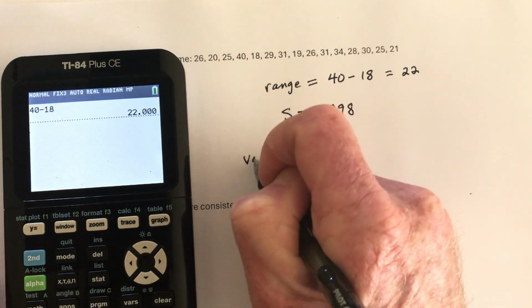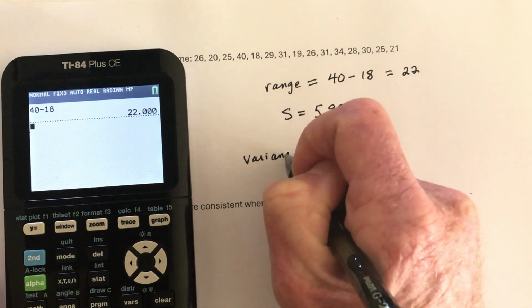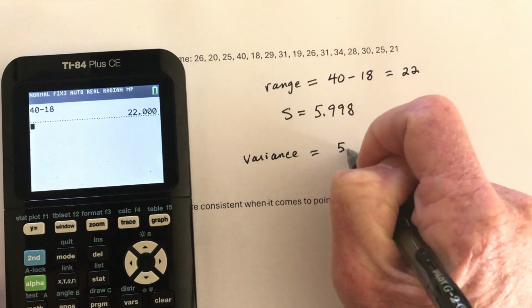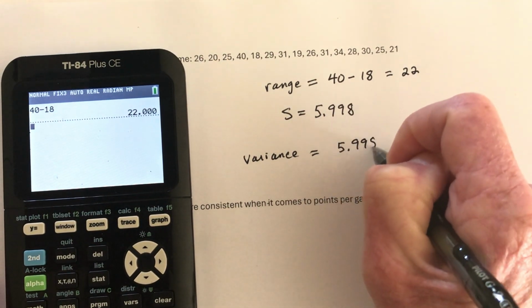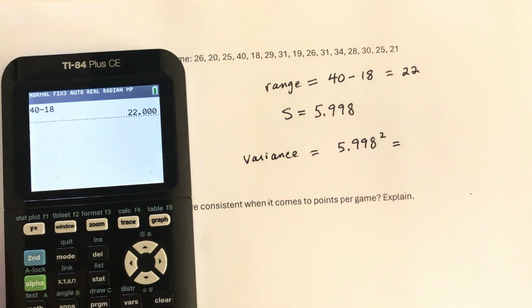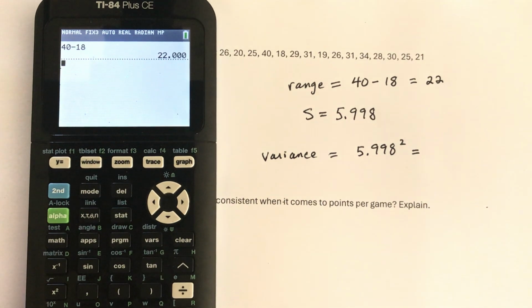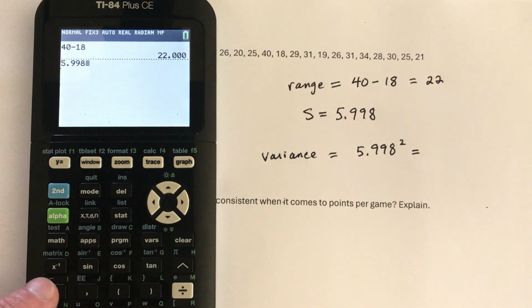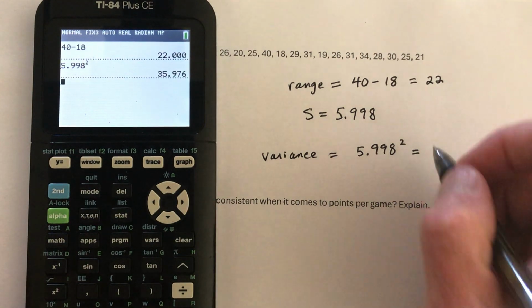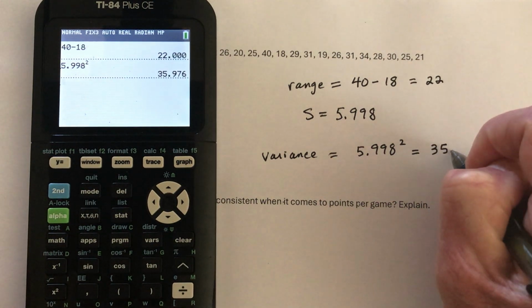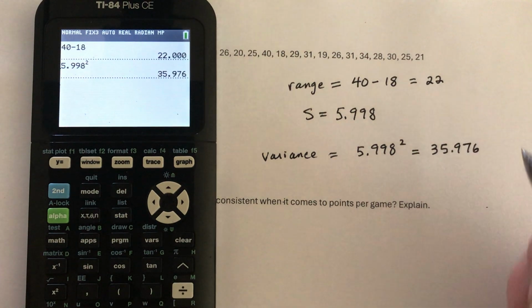And then finally for the variance, that's just the standard deviation squared. So 5.998, and then use the squared over here. So it's 35.976.